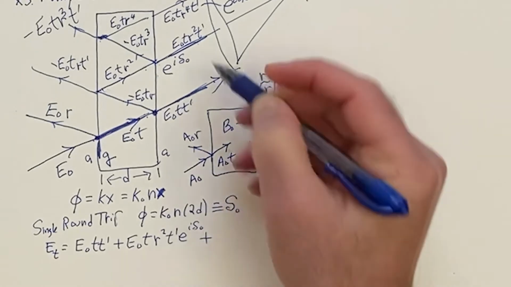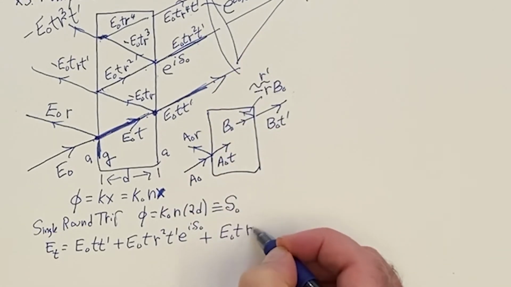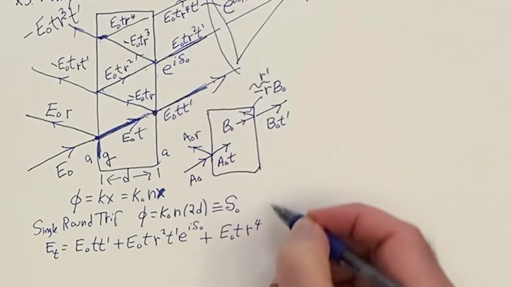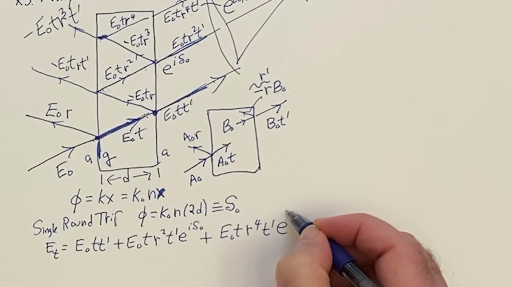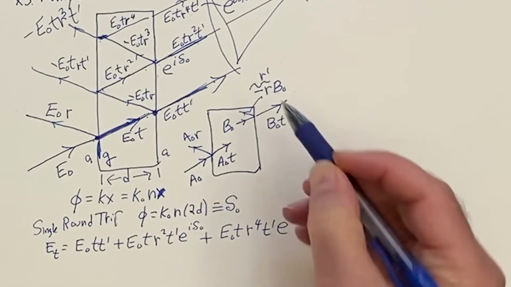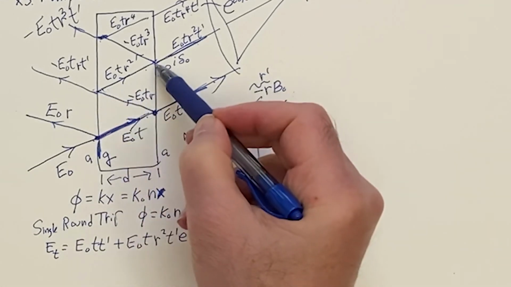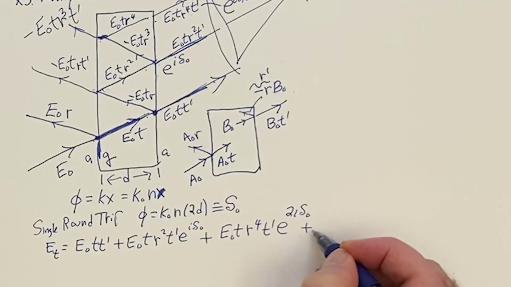And then this next one up here is going to be an E naught T with the R fourth in the middle, T prime on the end, and then e to the 2 I delta naught, 2 round trips in there. Here's 1 round trip, and there's the other round trip that's going to be kicked in there. And then we go plus dot dot dot.